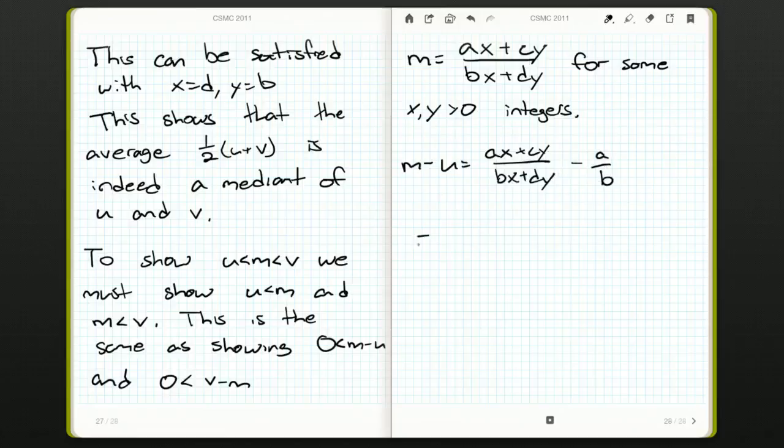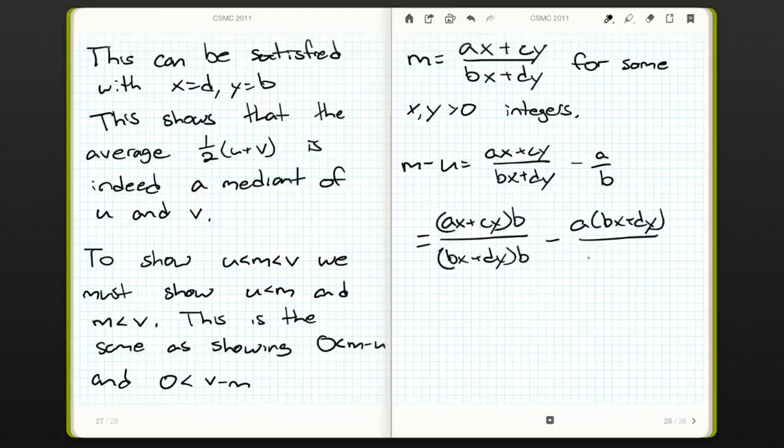Well, the easiest way to do that: ax plus cy times b over bx plus dy times b, minus a times bx plus dy over b times bx plus dy. Easiest way to find a common denominator. Is this the smallest common denominator we could possibly have? I don't know, but it's definitely a common denominator. And that means we can perform the calculation.